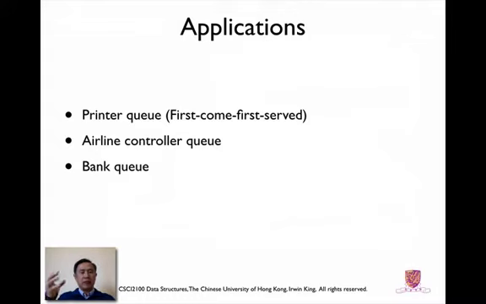So if you are inserted into the queue first, then you will be the first to be served and printed. An airline controller, on the other hand, also has a queue. When an airplane comes into an airport ready to land, the controller will tell you you're in the queue, you're behind this particular flight, so you need to land after it has landed. And in banks, we also see the banking queue. When you go into the bank, they'll ask you to line up. And bus queue, restaurant queue, and so on and so forth.